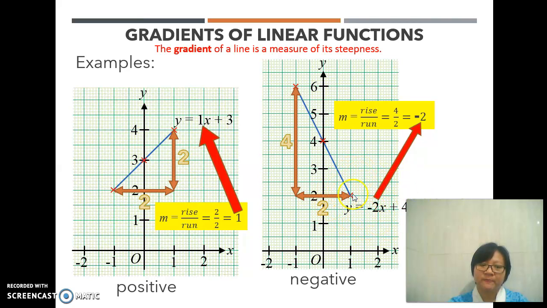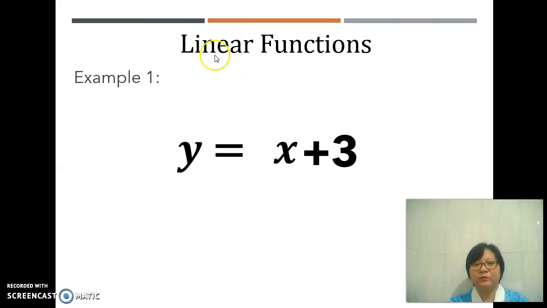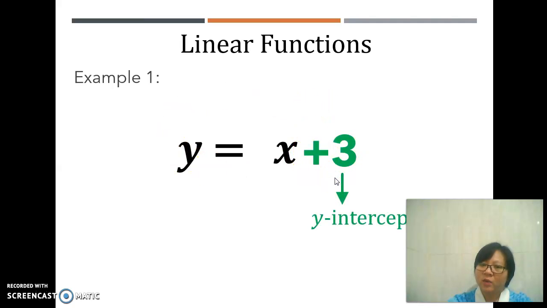Okay, but the problem is sometimes you are just given the graph and not the equation. So for the first example, this is the linear function. Just from this you can predict the y-intercept.